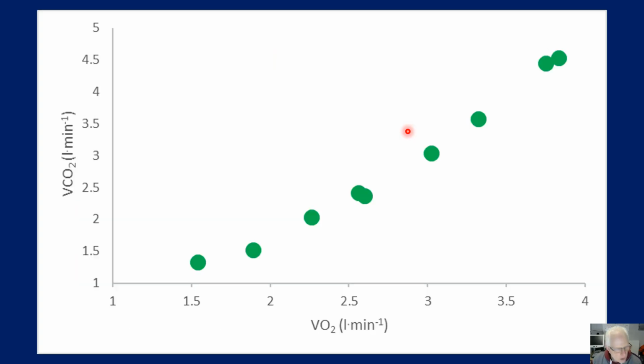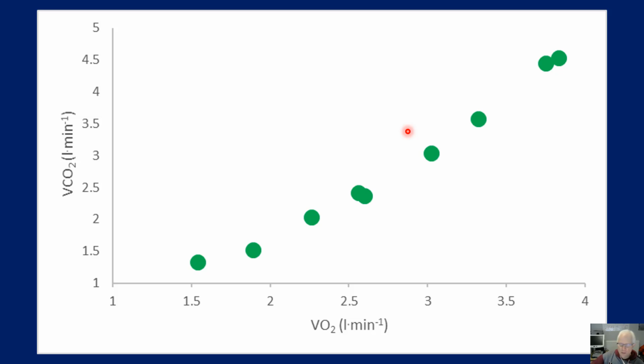Remember that in the Paul and Rossiter paper, they said that GET fundamentally reflects an imbalance in the VCO2 to VO2 relationship. VO2 is proportional to workload, and VCO2 is therefore also proportional to workload.